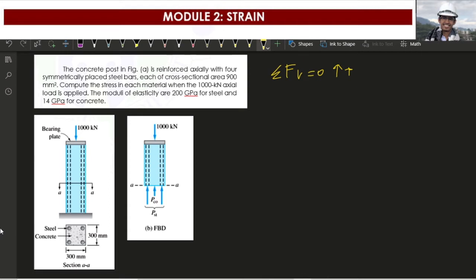So meron tayong yung concrete natin and steel will resist a 1000 kilonewton. So that will be force due to concrete plus force due to steel. So that is equal to, ilipat na natin sa kabila, 1000 times 10 raised to 3 newton. Okay, para maging newton na.